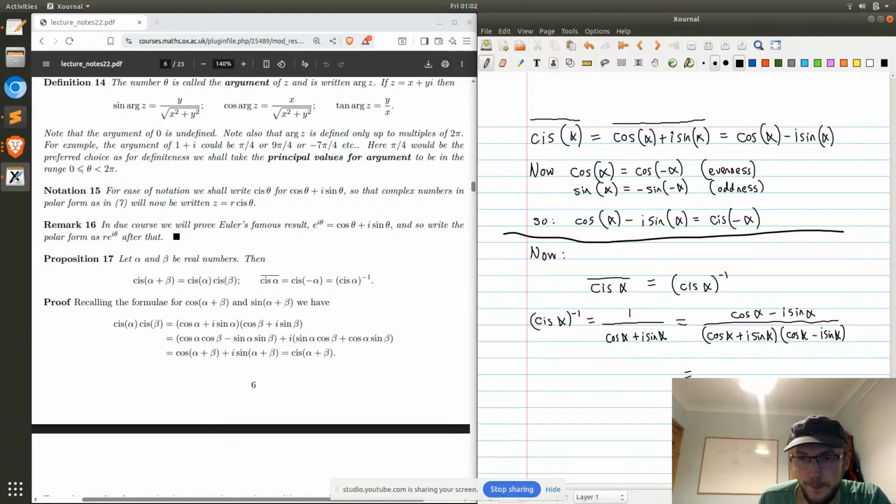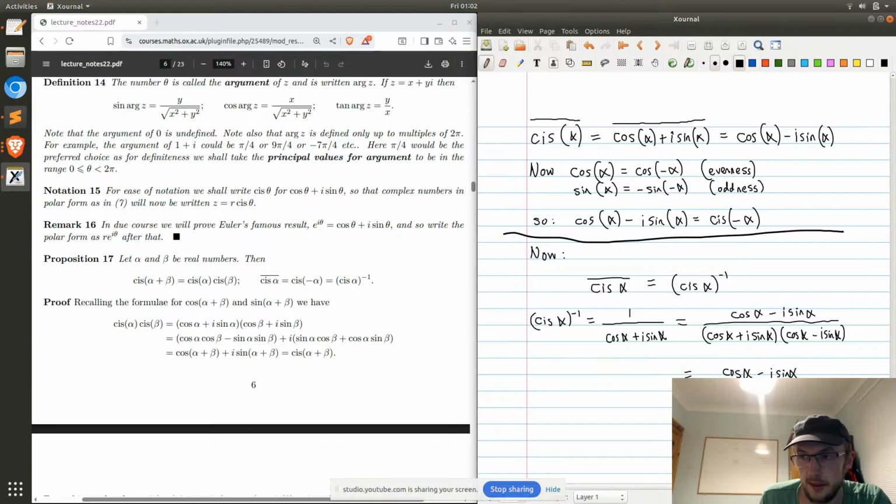Here, now outside and inside cancel by design. Then we have cos squared alpha plus sine squared alpha, but that's times by i squared, which is also times by minus 1, so it becomes plus. And on the top, cos alpha minus i sine alpha.